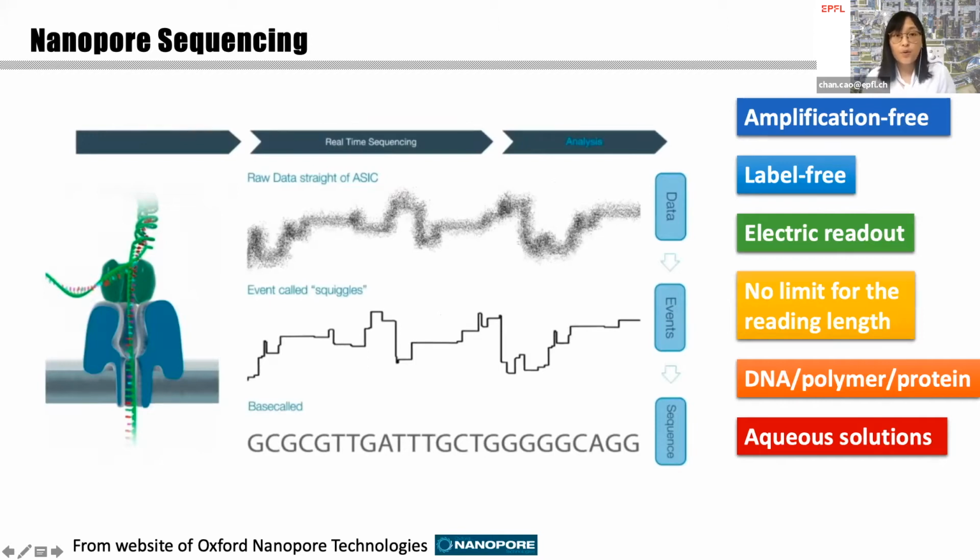In principle, there is no limit for the reading length, which is a very unique feature for this technology. And it can also be used for polymer or protein because what you are reading is the difference of the ionic current induced by target molecular. So no limitation for the molecular you are interested to detect.